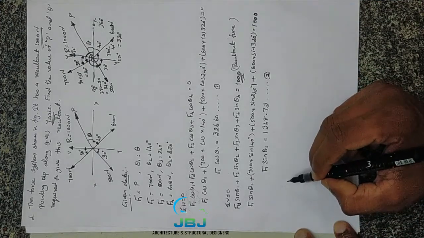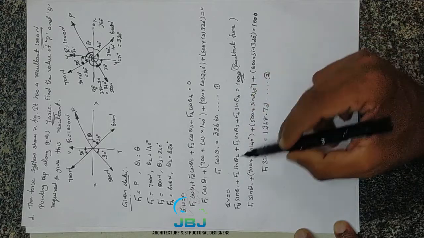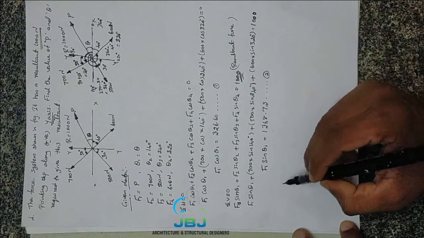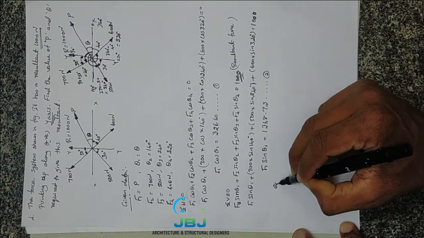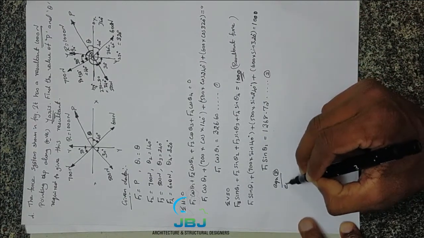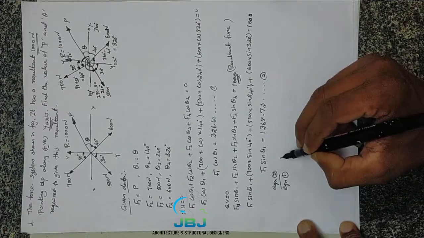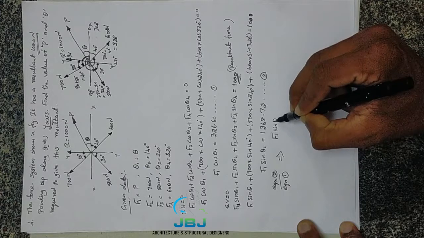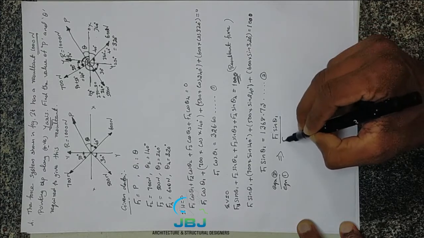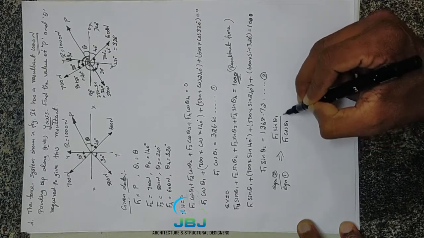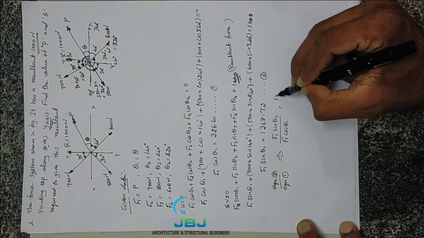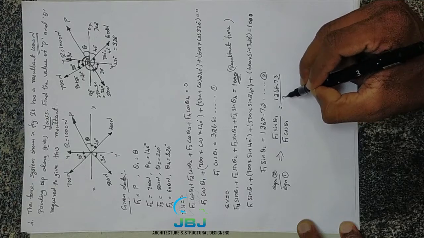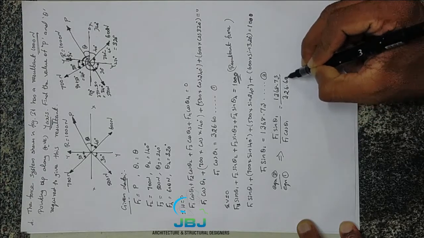Now we get 2 equations. This is equation number 1, this is equation number 2. Now we are going to solve these 2 equations. So equation 2 divided by equation 1, that is F1 sin theta 1 divided by F1 cos theta 1, equal to 1368.73 divided by 326.60.